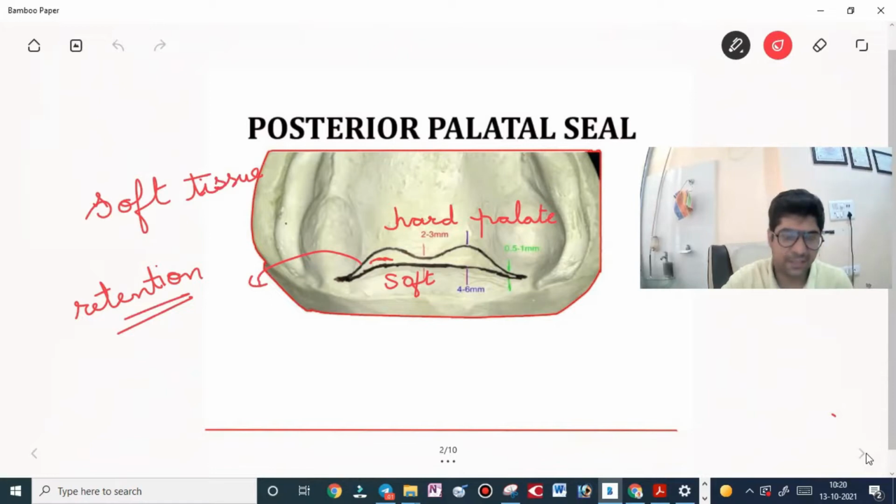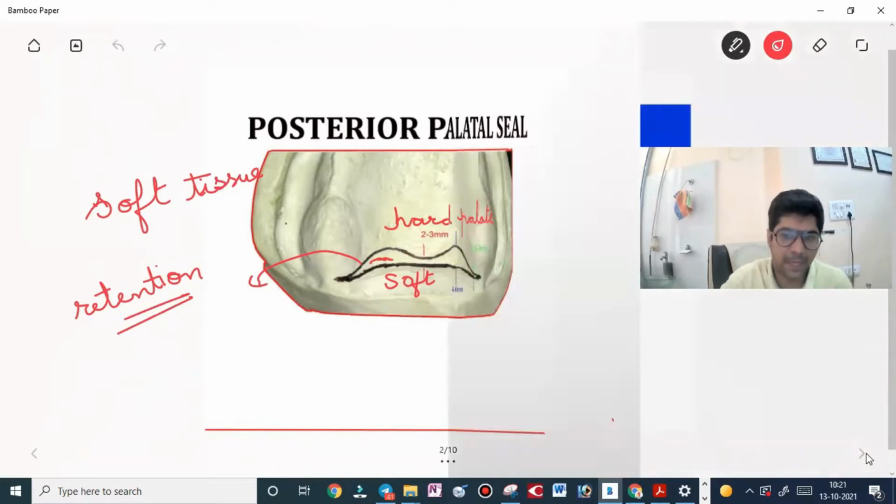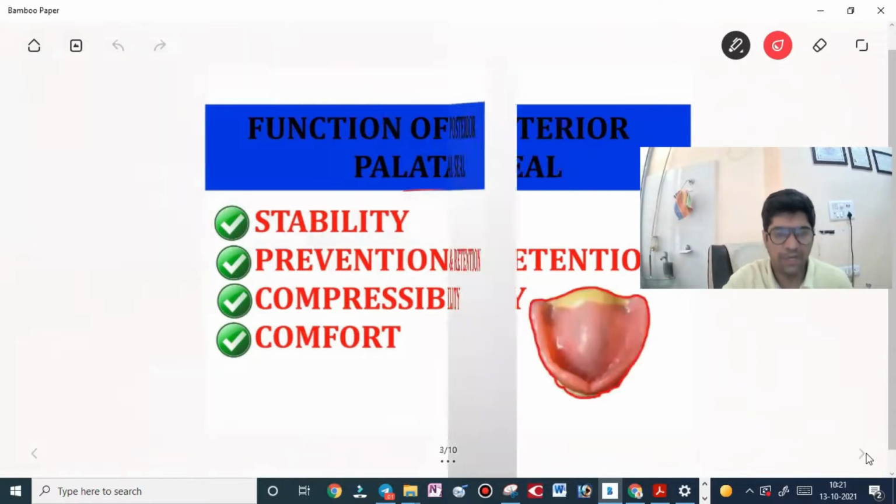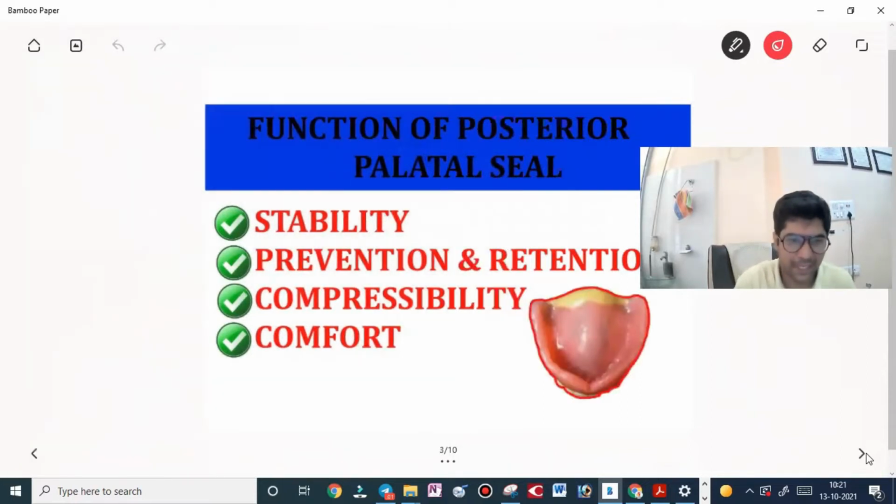Now let us discuss the various functions of this posterior palatal seal. So number one is the stability, second prevention and retention, third compressibility, and fourth is the comfort. Moving to number one, stability. As we discussed, the main function of PPS is to maintain contact with the anterior portion of the soft palate.